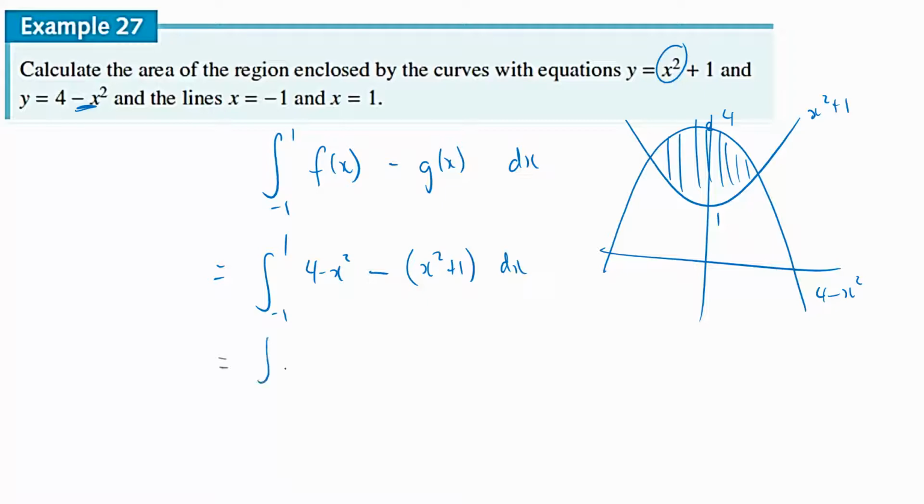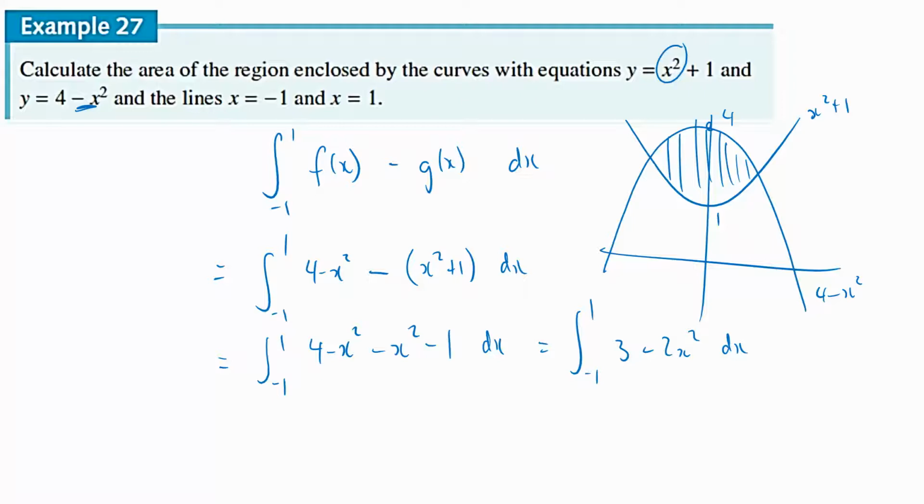This now gives me the integral from -1 to 1 of 4 minus x squared, minus x squared again, and then minus 1, dx. So you can simplify this down to the integral from -1 to 1 of, what's that? That's 3 minus 2x squared dx. And that's an easy problem to do now. That was just your exercise 11E, definite integrals.